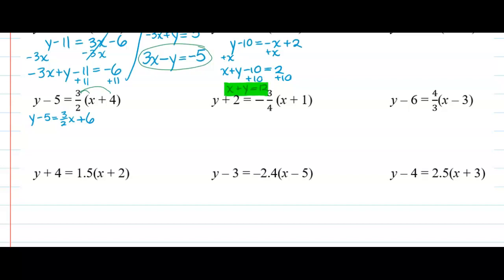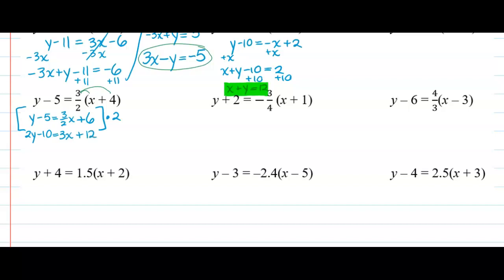I'm going to get rid of this fraction right away by multiplying the entire equation by 2. 2 times y makes 2y. 2 times negative 5 makes negative 10. 2 times 3/2 is just 3x. 2 times 6 makes 12.